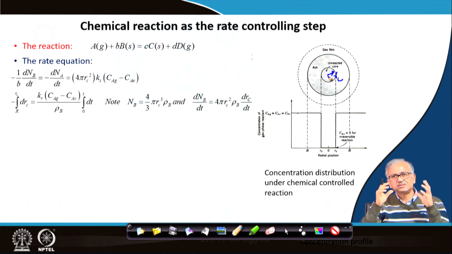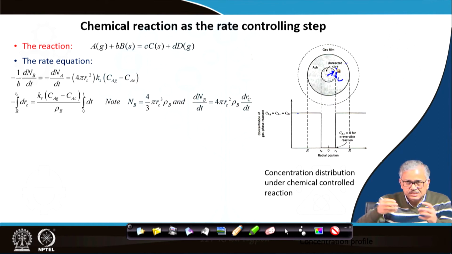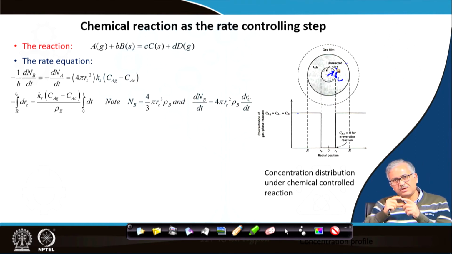So, dNB dt, if you differentiate with respect to time, will be 4 pi RC square rho B dRC dt. And so, you replace dNB dt by this, and then you integrate, because initially the unreacted core radius was R, and then it has shrunk, and at any time t it has become RC.